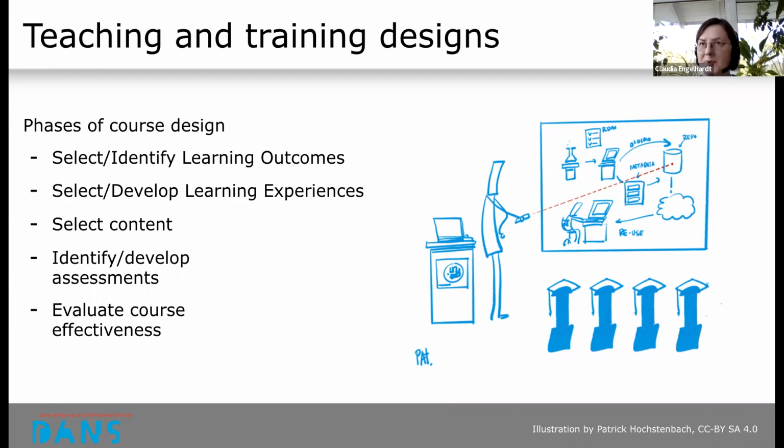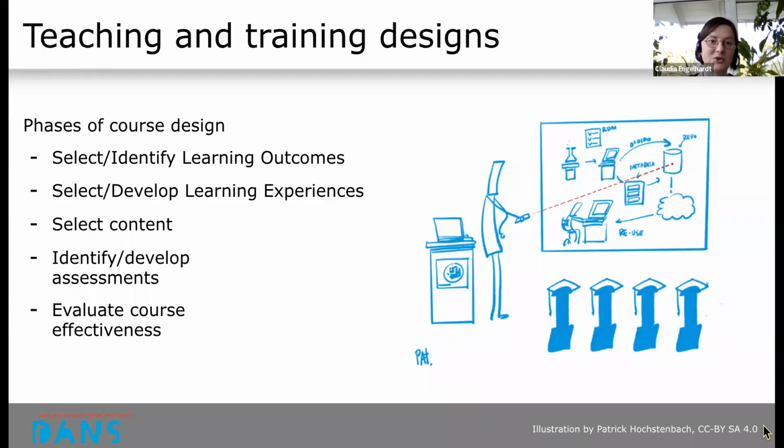And by learning experiences, we basically mean different types of teaching or learning settings. So for example, a workshop, a lecture, a seminar, or something like that. Then some advice on selecting content, identifying and developing assessments, and finally evaluating course effectiveness.